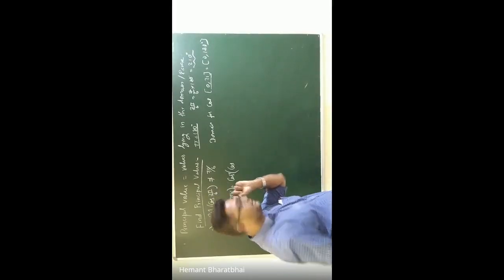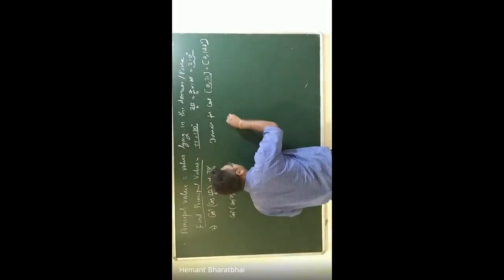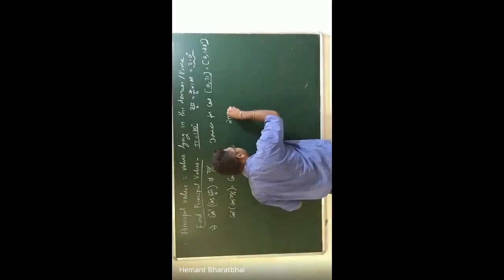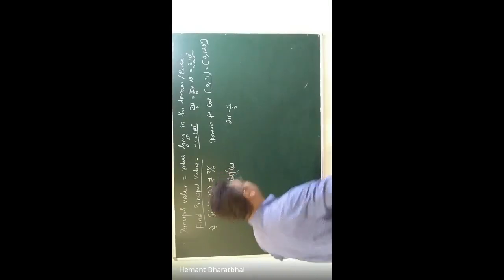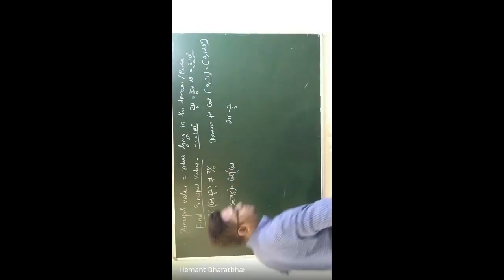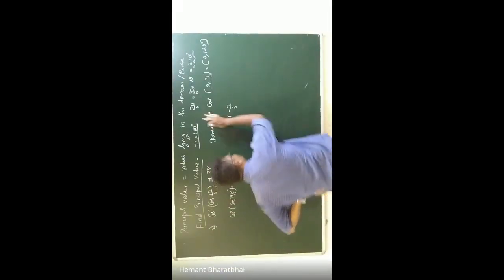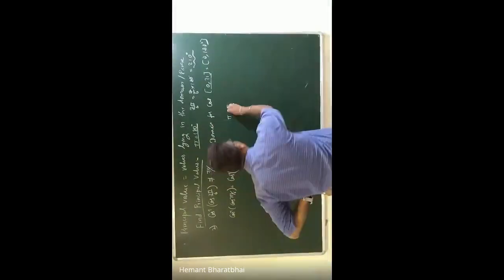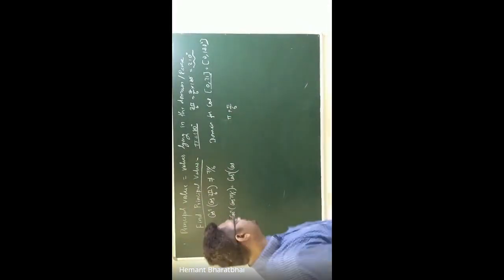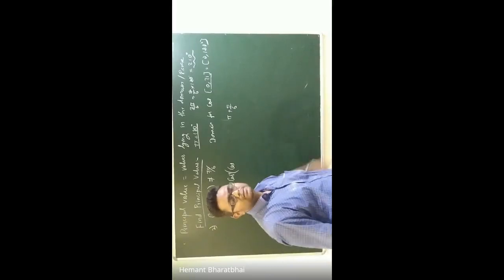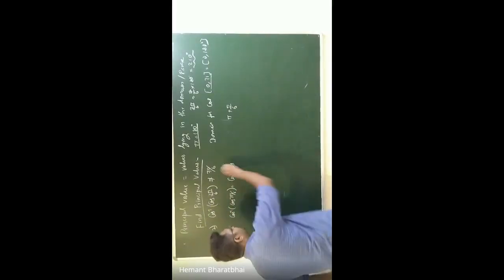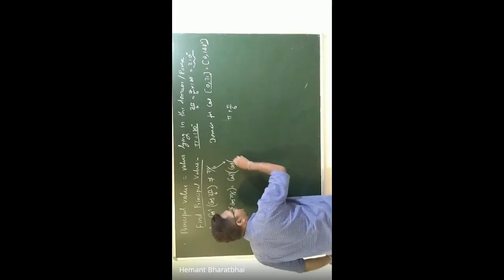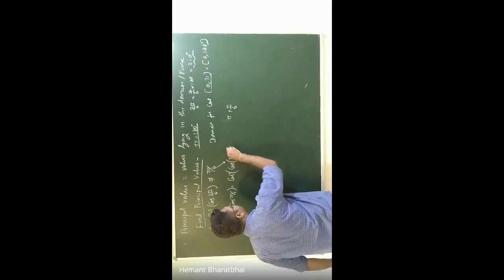Suppose I write 2 pi minus pi by 6, then 6, 12, no, this will not work. If I write pi plus pi by 6, so 6 plus 1 gives me 7. So 7 pi by 6 can be written as pi plus pi by 6.